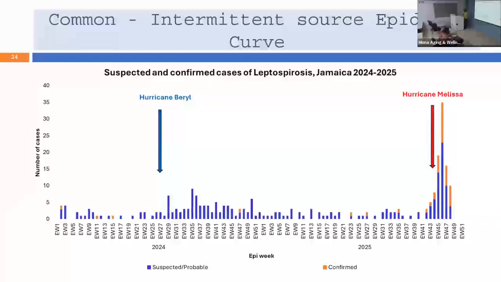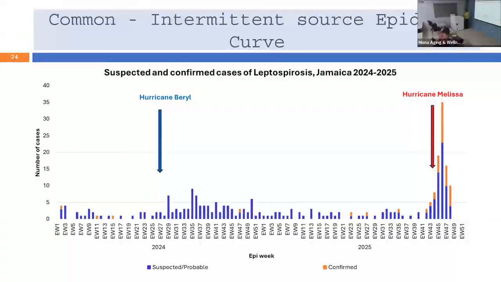But due to intermittent, no, one could argue it's different places, but just as an idea, I thought the epidemic curve kind of resembled the common source intermittent. But in between, you're seeing cases because leptospirosis is endemic in Jamaica.